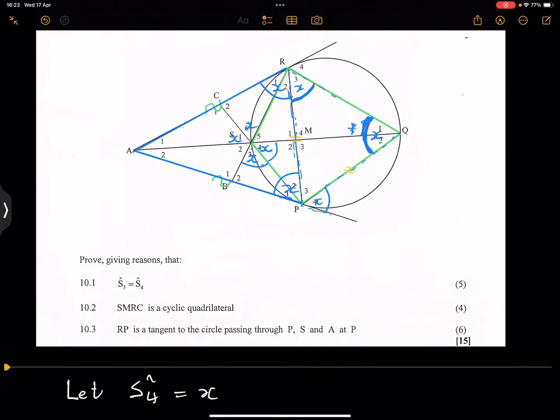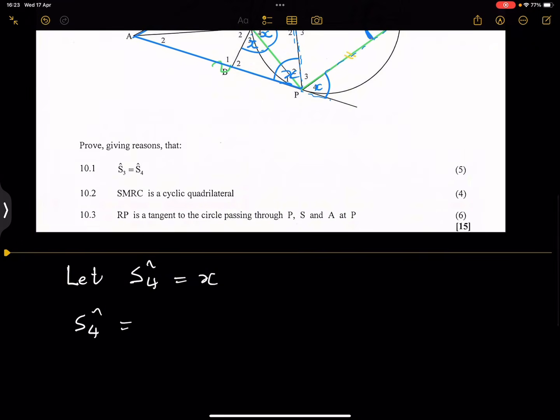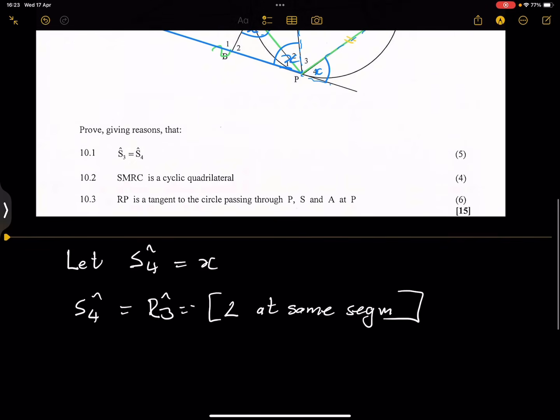You remember that? So we said S4 is equal to R3, which are angles at the same segment. Okay, and then so this is equal to x, right?